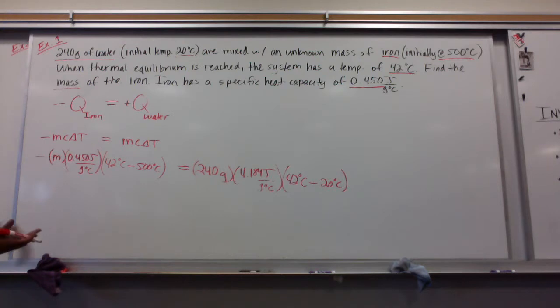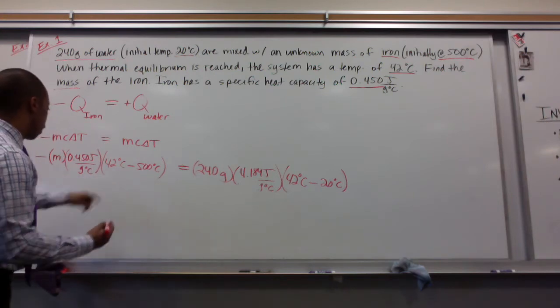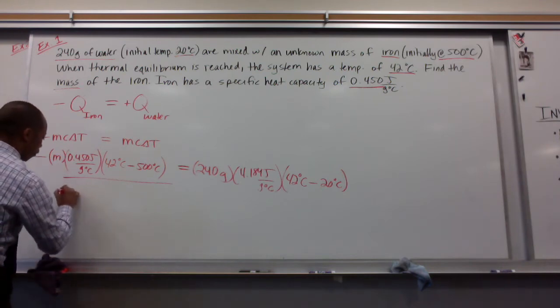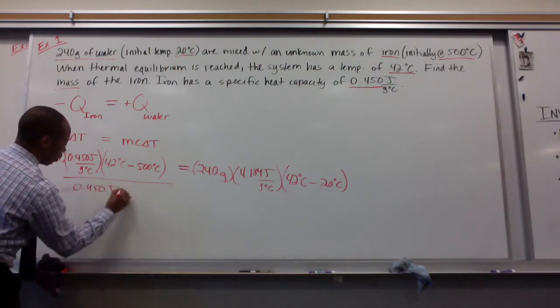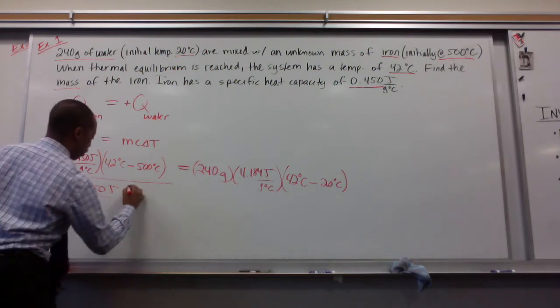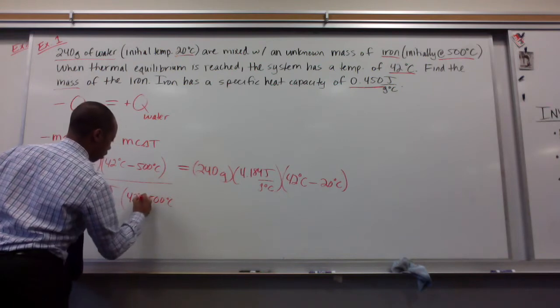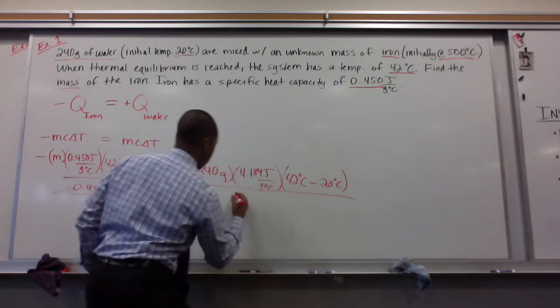Now I simply solve for my unknown, which is mass, which is what I'm being asked to solve for. Find the mass. So 0.45 times 42 minus 500 will give you a value. But let's isolate M first. So divide both sides by 0.450 joules per gram degree Celsius. That would cancel out this, and divide that by this side.